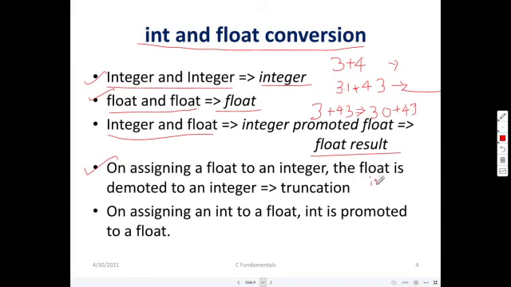Okay, fine. Then coming to assigning a float to an integer, suppose I declare a as an integer, and with a, I assign 3.14, the value of pi. When 3.14 is assigned to a, what will happen is that a, declared as an integer, has only 2 bytes of memory space allocated.